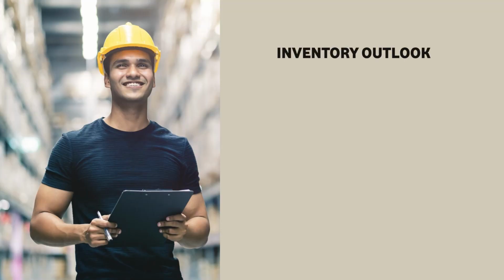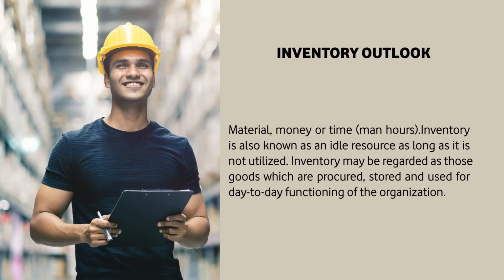What is the outlook of inventory? Inventory outlook: material, money, time and man-hours. Inventory is also known as an idle resource as long as it is not utilized. When inventory is lying in the store, it is an idle resource; when it is used in the production line, it is inventory in use. Inventory may be regarded as those goods which are procured, stored and used in the day-to-day functioning of the organization.